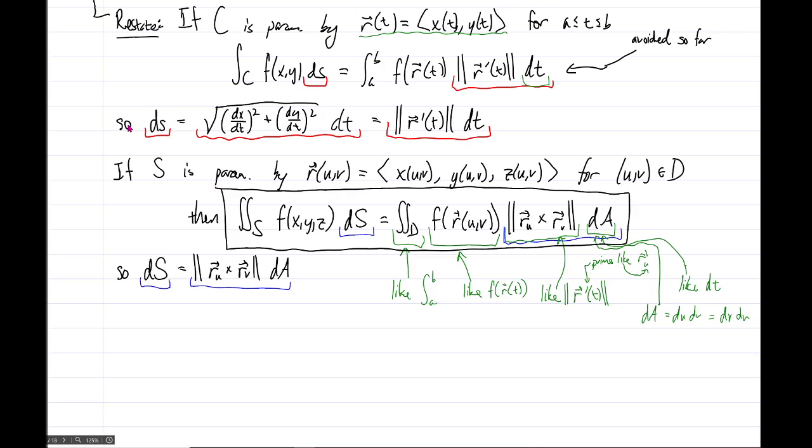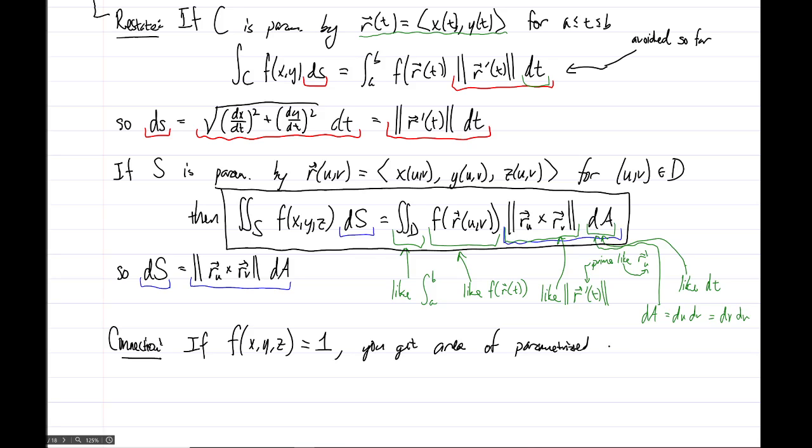Now, just to make some connections before we move on, one quick connection to the previous section where we had a warm-up. The point is that if you integrate f of x comma y comma z being just the constant function 1, where the output is always 1, then you really do get the area of the parameterized surface.